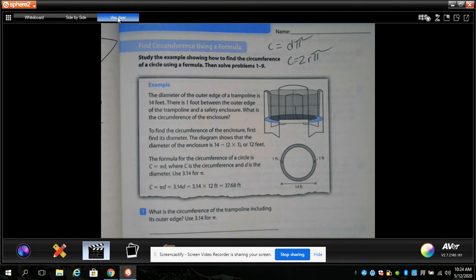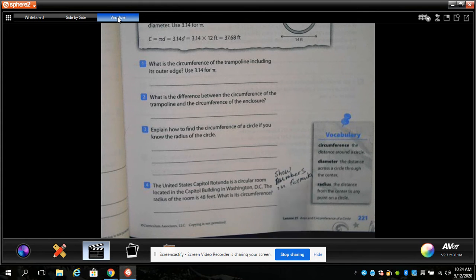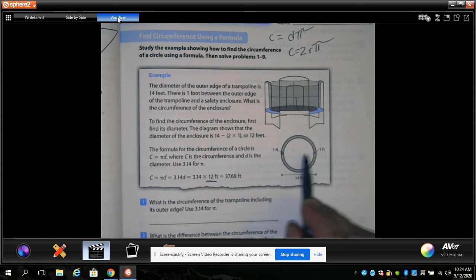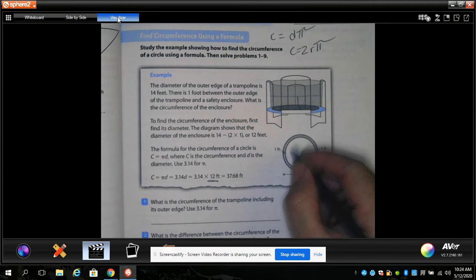So, when you're showing your work, especially on number 4 down below, make sure that you show the numbers in the formula. I expect you to be using a calculator. Just make sure that you write down, just like they are showing in the example right here, this 12 feet is representative of the diameter right here. 12 feet.